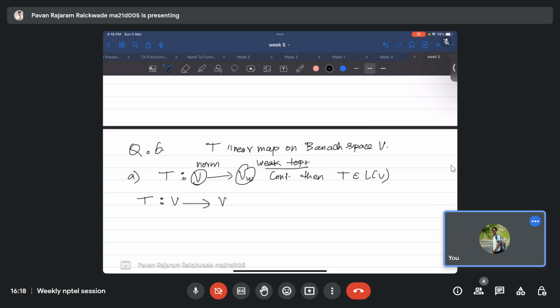We want to show T is continuous, where these two sets are now considered in norm topology.